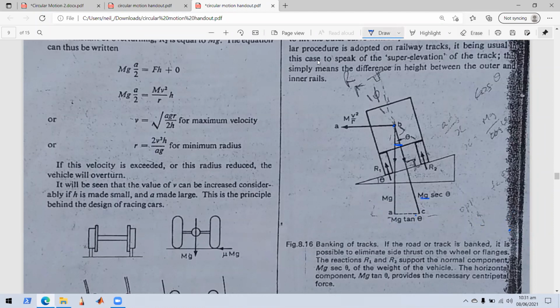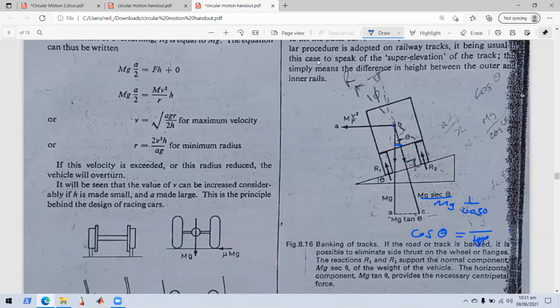Now this one is mg sec theta, or you can say mg times 1 upon cosine theta. I prefer that, honestly, instead of having to explain what sec is. Sec, cosec and cot are essentially just the reciprocals of the sine, cosine and tangent functions, some new trigonometric functions which you may have covered in math already. For this one, this here is the hypotenuse. So cosine theta is equal to mg divided by the hypotenuse.